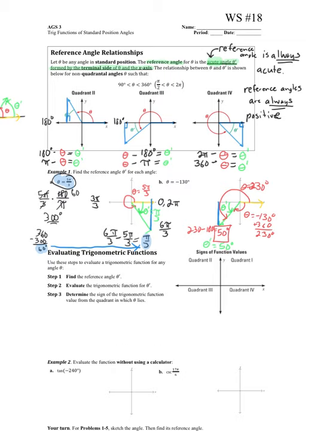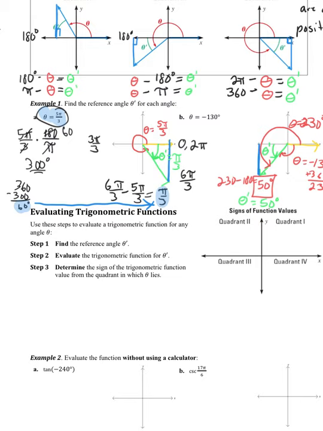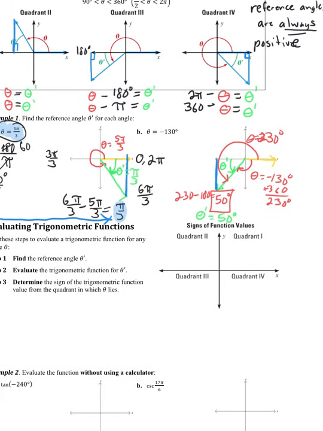Okay. Now, this next part says these are the keys for evaluating trig functions. For some basic trig functions, we should be able to evaluate them without using a calculator. And we can do that in 3 steps. Step 1 is find a reference angle. Step 2 is evaluate the trig function for the reference angle. And step 3 is determine the sign of the trig function value from the quadrant in which theta lies, the original angle. We're going to talk about that real quick here.